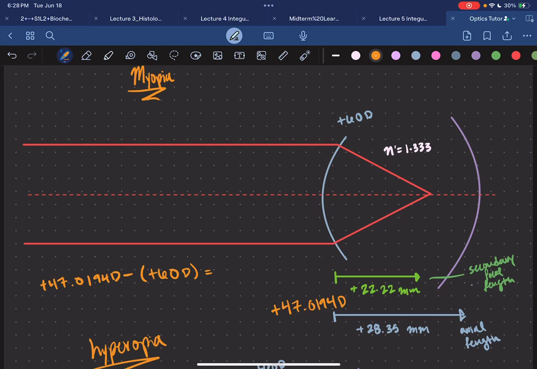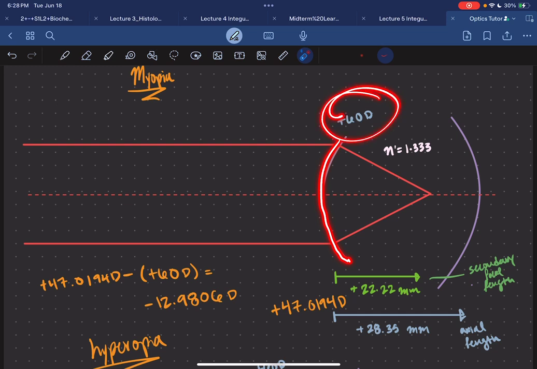And that's going to give us a negative 12.98059, we'll do 6 right here actually, diopters. So that's the correction that the eye needs, like a contact lens, in order to make this 60 turn into this, because the positive 47.0194 diopters is what the eye needs because of how long it is.